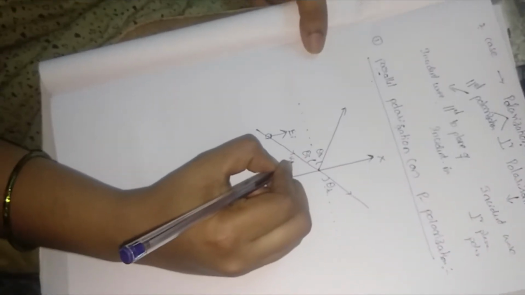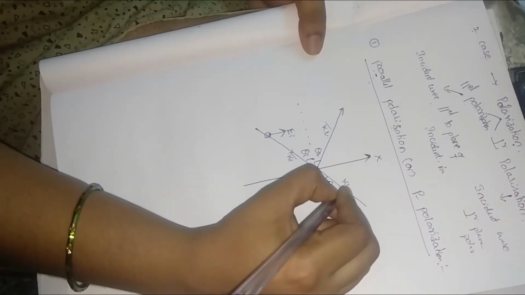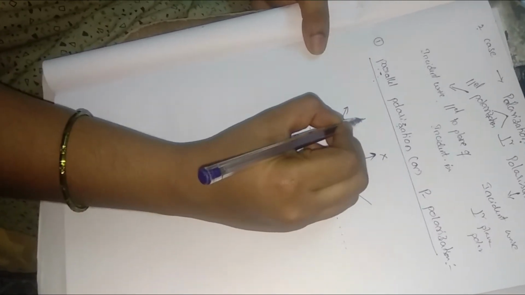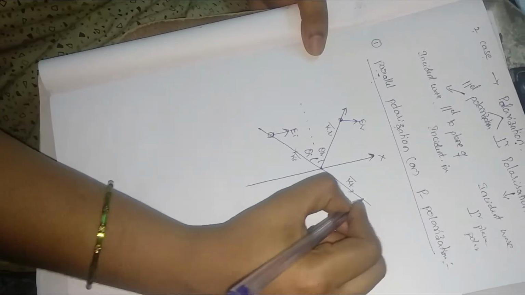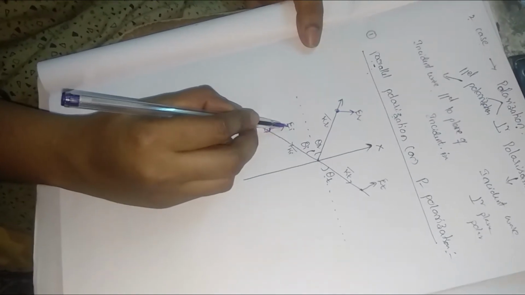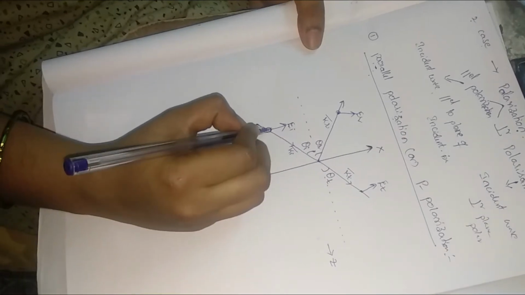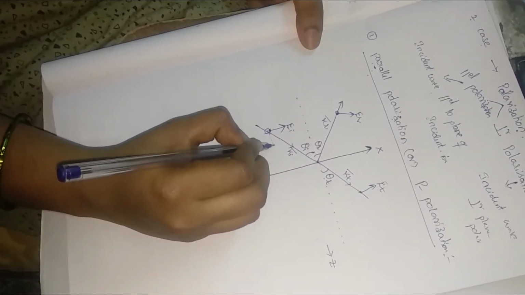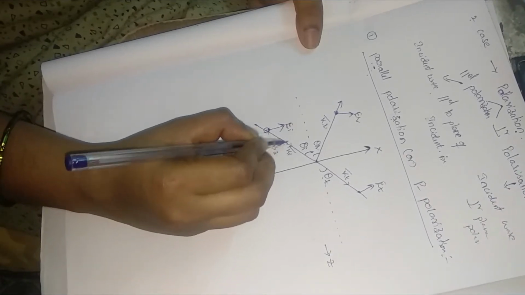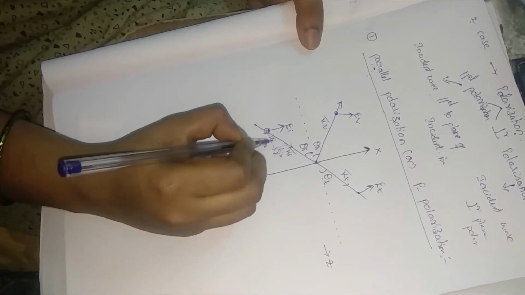This is the propagation vector Ki, here the propagation vector is Kr, here it is Kt, and here the electric field is Er, and there the electric field is Et. So this incident electric field will have components along Z axis and along X axis. So here it is Eiz, here it is Eix with the angle theta i.